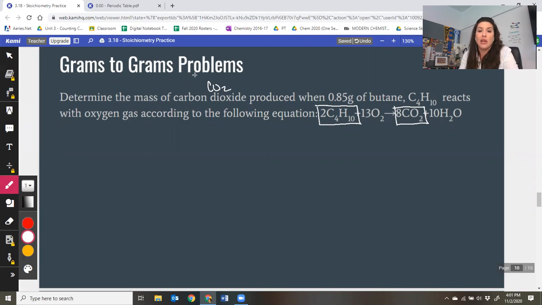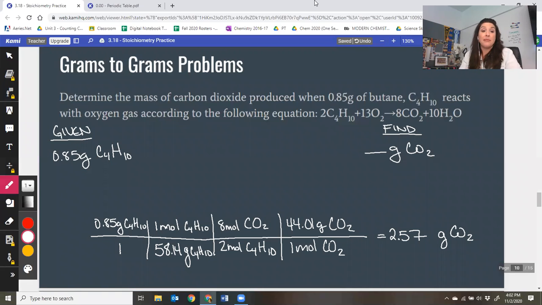So we are converting from grams of butane to grams of carbon dioxide. Set up your given and find, pull out any mole ratios you might need, and also try to figure out the molar mass of each of those compounds. That way we can convert to and from. Pause the video and see how much you can do on your own.